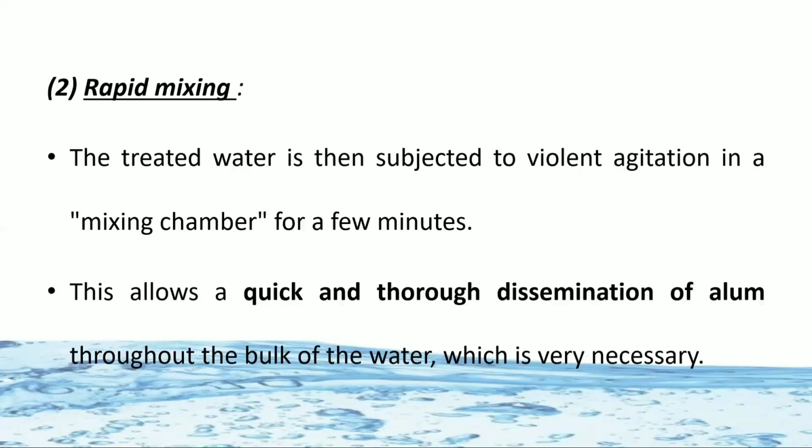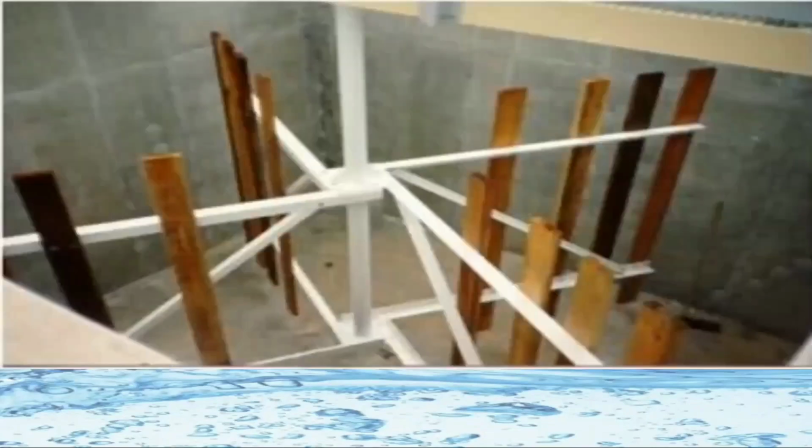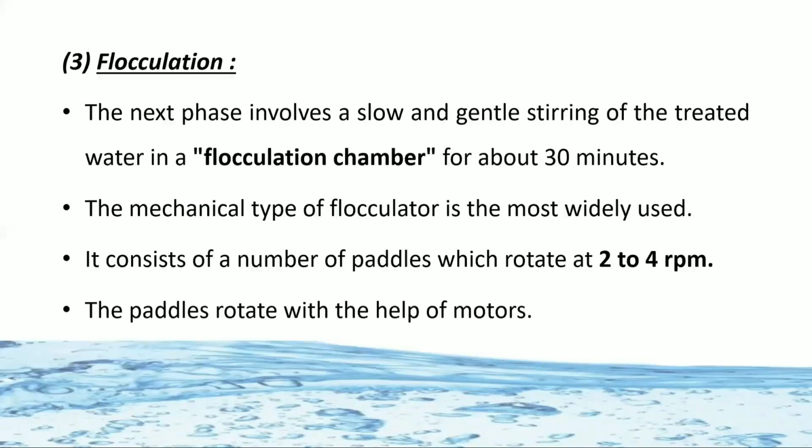After rapid mixing, there is flocculation. What is the meaning of flocculation? Flocculation uses a machine called a flocculator, which is fan-like. You can see in the image, it is fan-like and moves slowly.